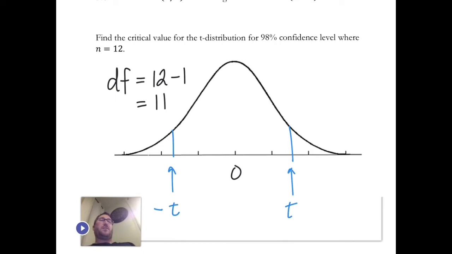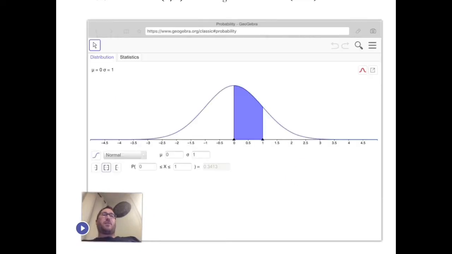So really all you need to do is figure out where we have that shaded on either the right side or the left side and use a calculator to find either one value, as they're opposites of one another. And we're going to be using the GeoGebra student T calculator to find that.